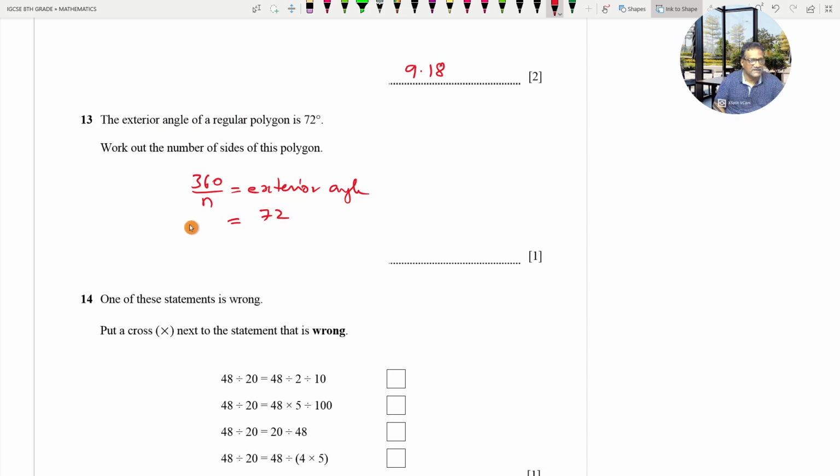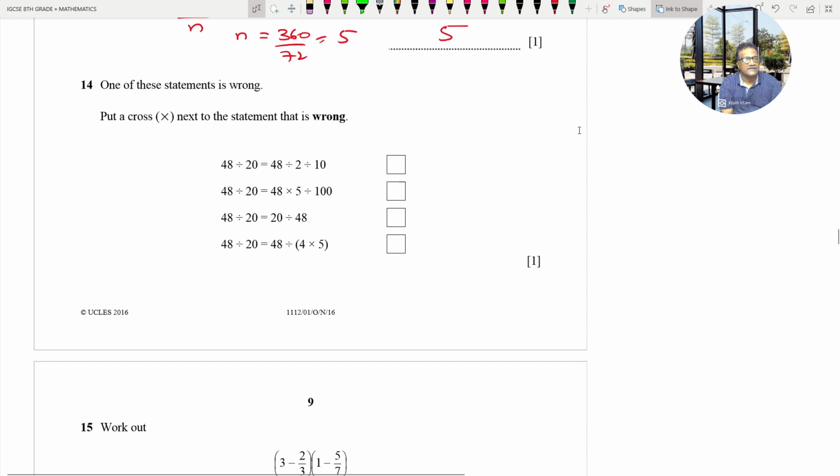So 72 will be equal to 360 upon n. So n will be equal to 360 divided by 72, which works out to 5. So the number of sides of this polygon will be 5. That's a pentagon. That was question number 13.